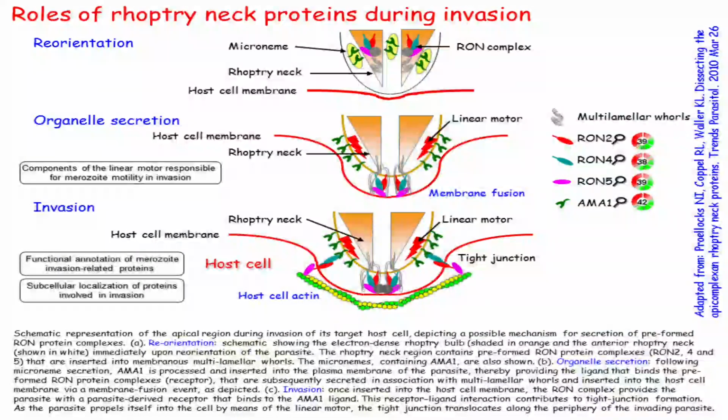So here we mark the end of how Plasmodium falciparum invades the red blood cells during the erythrocytic stage, the merozoite stage.